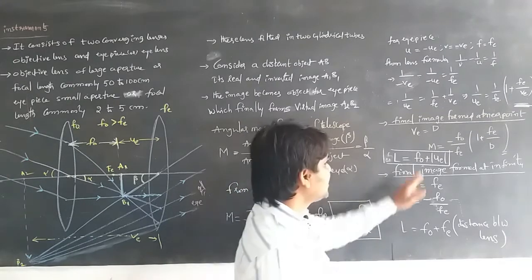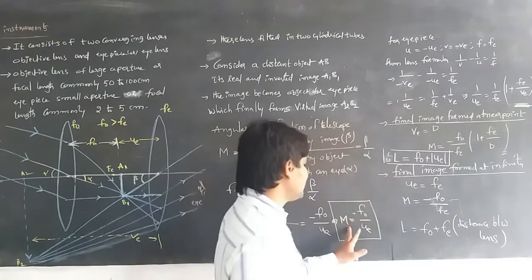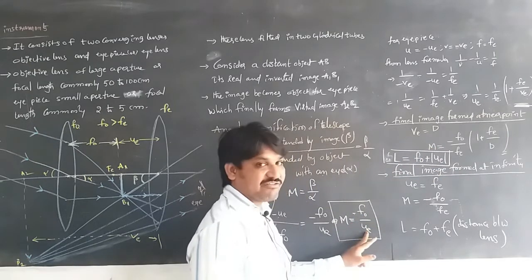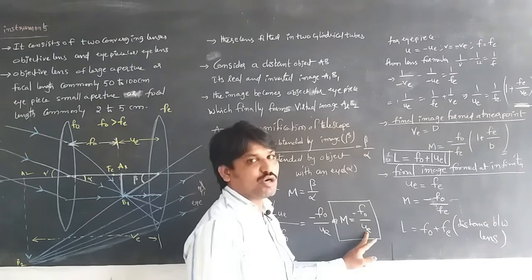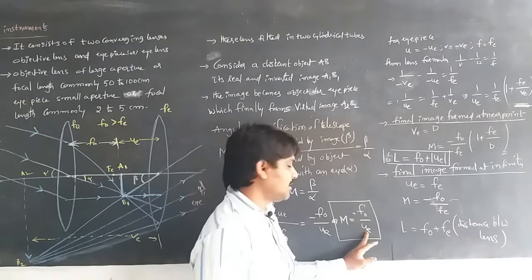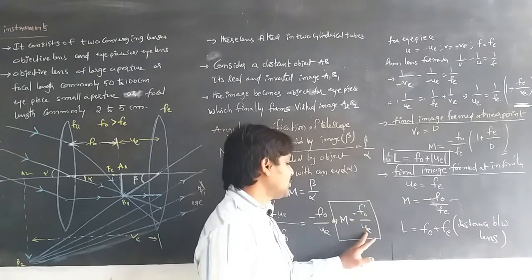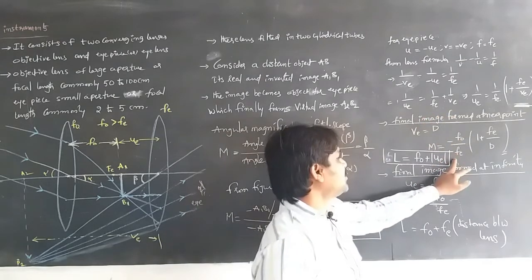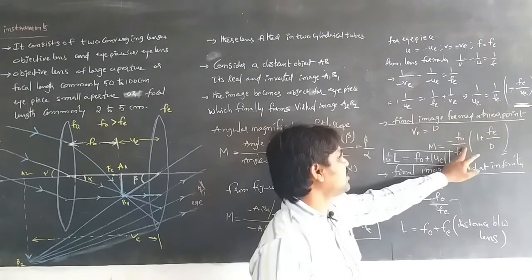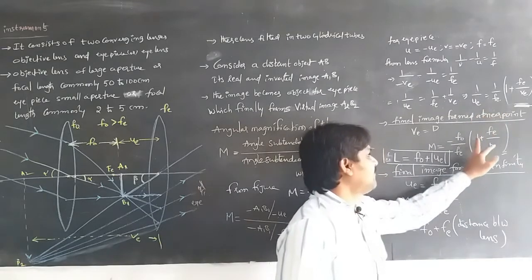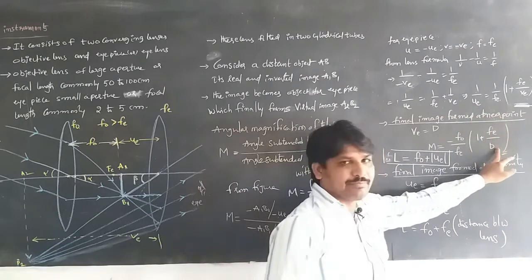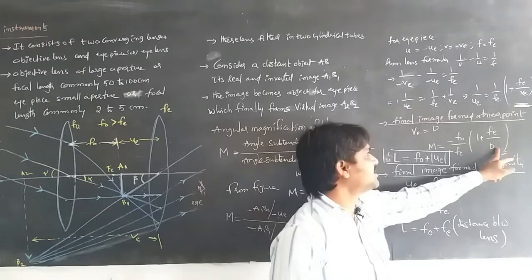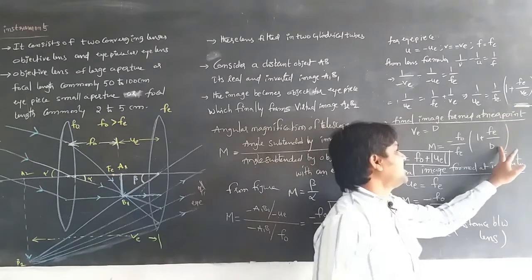So M is equal to minus F0 by UE, the magnification formula, which tells how much the image is magnified. We know the value of 1 by UE, so by substituting we get minus F0 by FE times 1 plus FE by D, where D is the distance of distinct vision, substituted for VE.